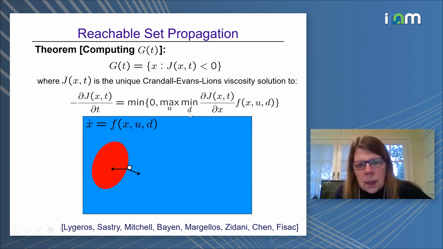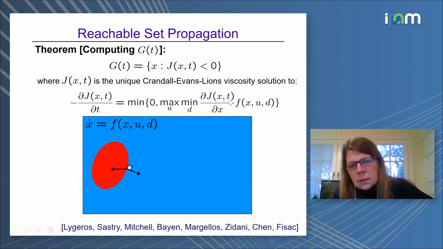And it's doing that through this max-min operation over an inner product between the dynamics of the system and the outward pointing normal of the function j of x at time t.